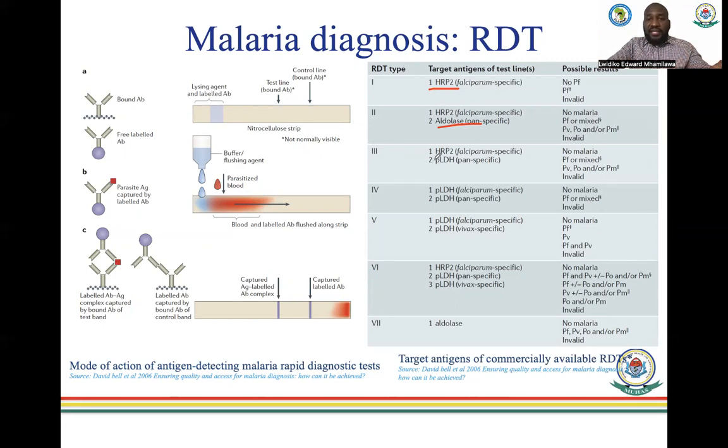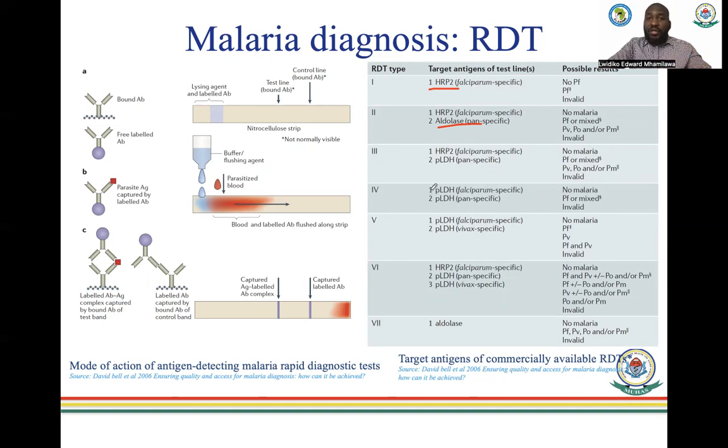Now, there's another type of rapid diagnostic test, which is histidine-rich protein based and lactate dehydrogenase, LDH, based, which can tell you there's no malaria, or there is Pf, or a mixed infection, or it is invalid.